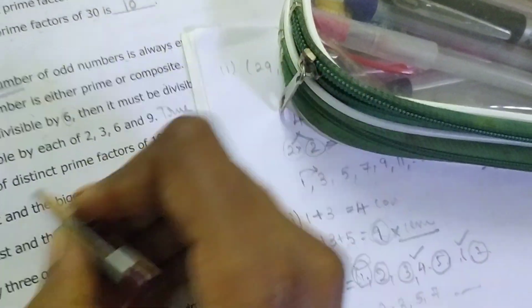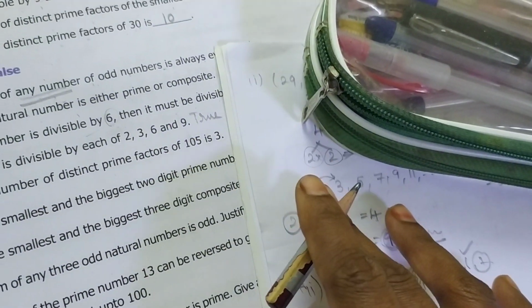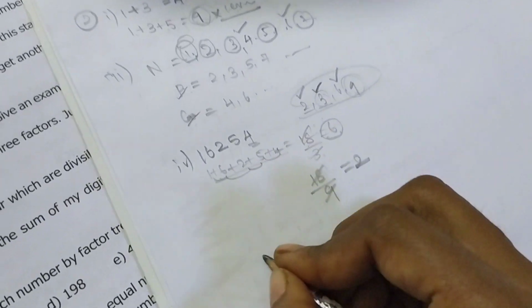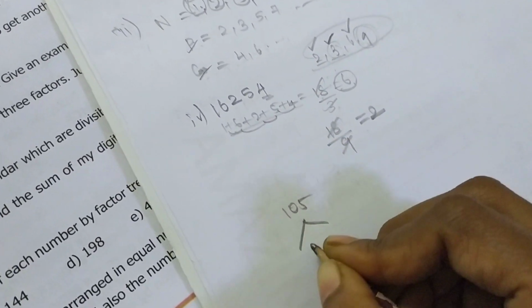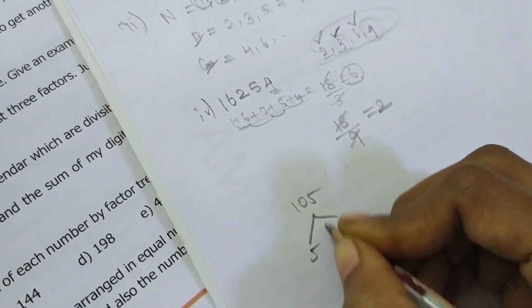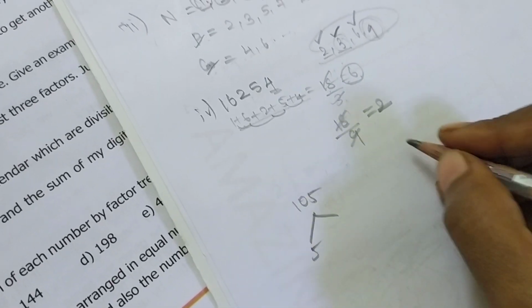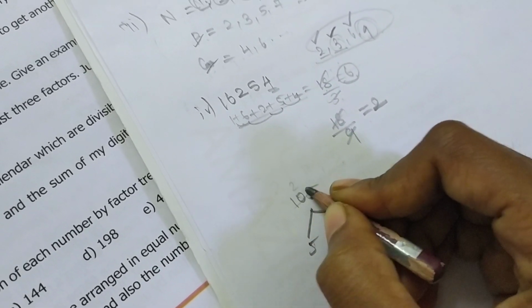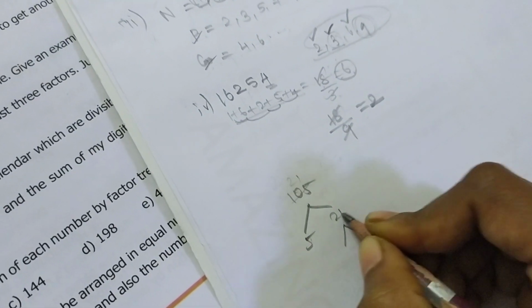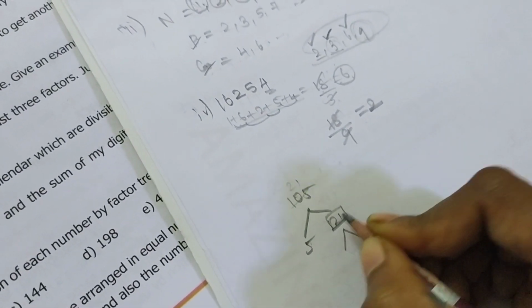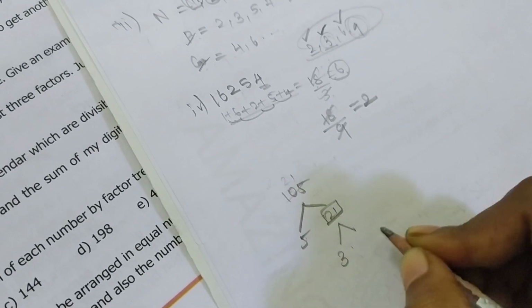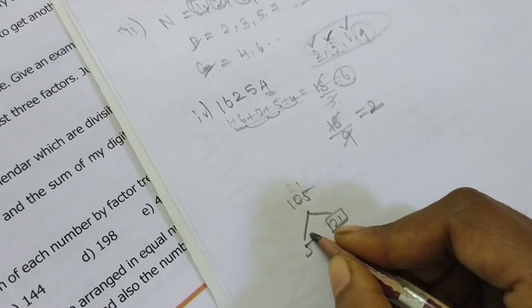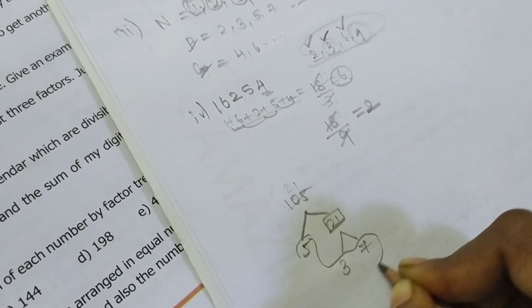So this is true. Next, the number of distinct prime factors of 105 is 3. 105 ends in 5, so I can take the 5 table. I can divide by 5, 21 times. Then I can split 21 into 3 times 7. So what factors am I getting? 3, 5, 7.